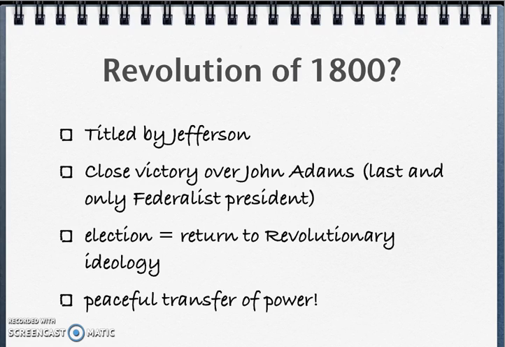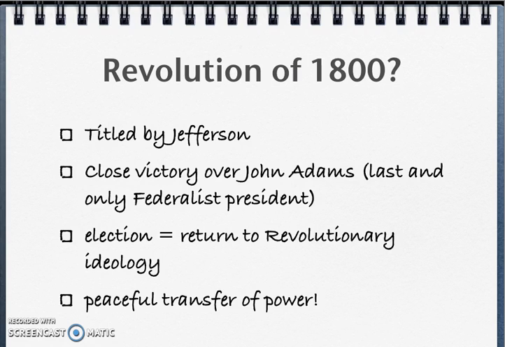However, Jefferson didn't really consider this a revolution because it was a literal revolution like 1776, but rather because it was a return of revolutionary ideology that was present in 1776. He believed that Washington and Adams broke with the ideals of the American Revolution and betrayed the revolution by expanding government power.